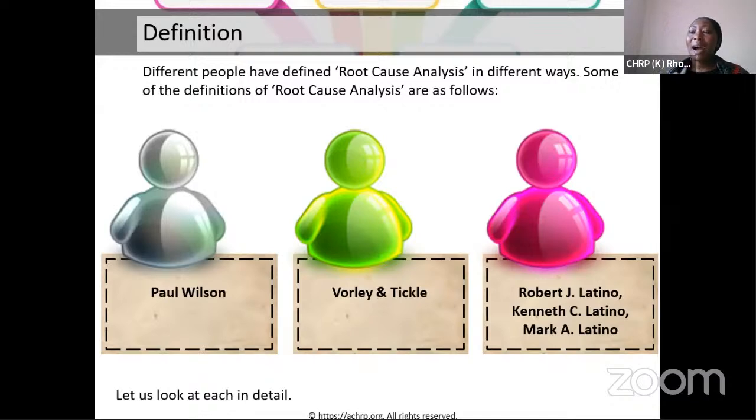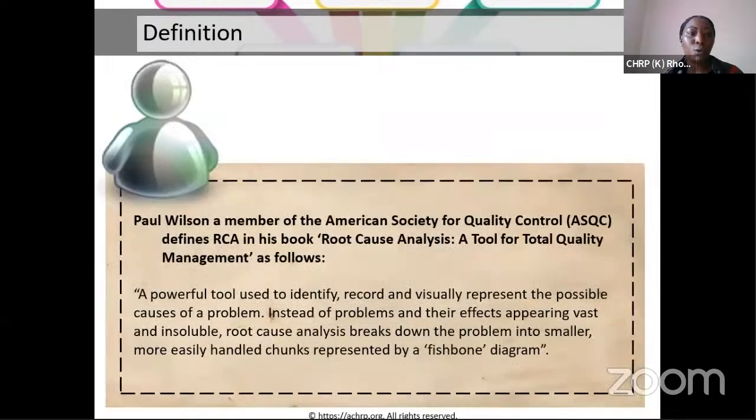And from their hands-on experience on the ground, they started doing consulting to advise business people on how they can go to the root cause of analysis. And they have written a book about it. So it is from their practical real-life examples that they now define root cause analysis, and they try to guide people on how to go about it.